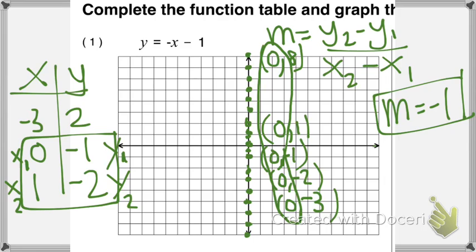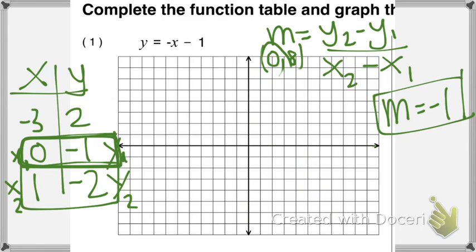So I actually already have that point over here where the x value is 0. But if we weren't sure, we could go ahead and graph that, or just plug in 0 for our x and see what we get. Well, again, this is just 0 minus 1, which is -1.